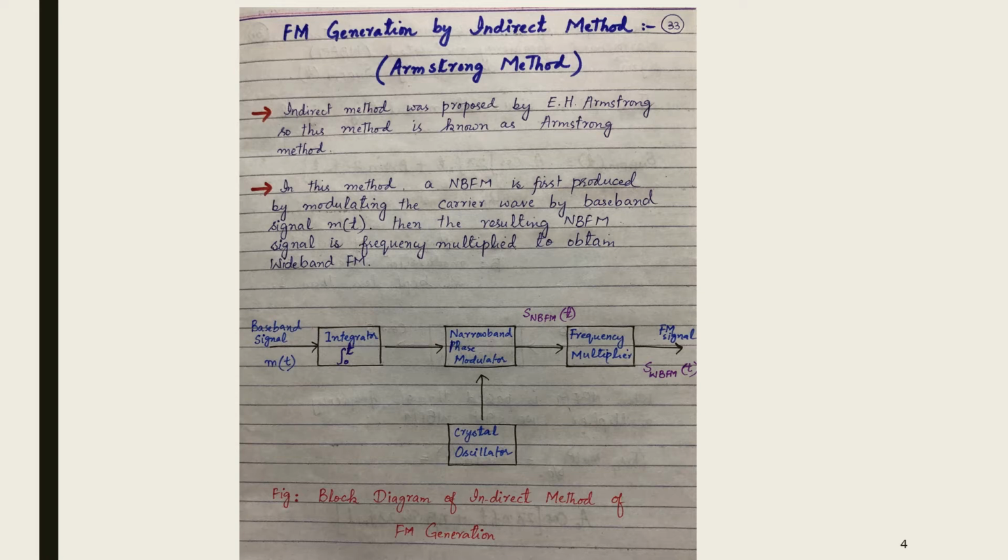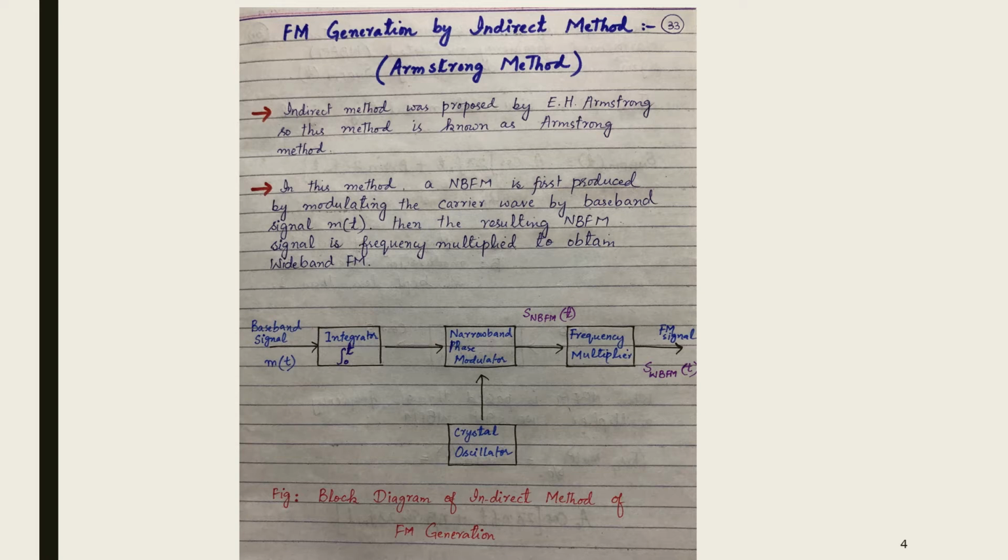Because of this crystal oscillator, the frequency stability is very high, which is the main drawback of direct generation. That's why this method is widely used in practice, because it has high frequency stability as compared to the direct method. The block diagram for FM generation by the indirect method is shown here.